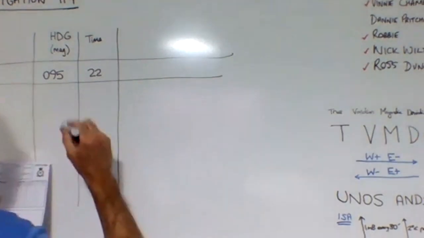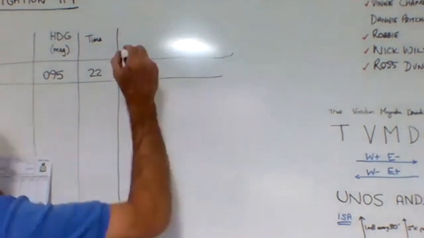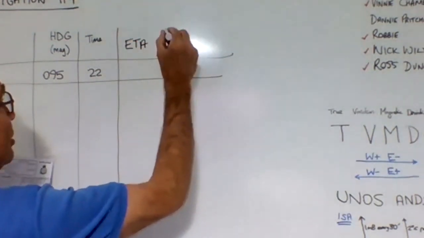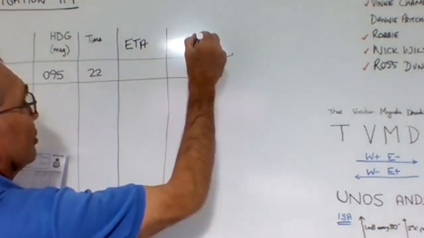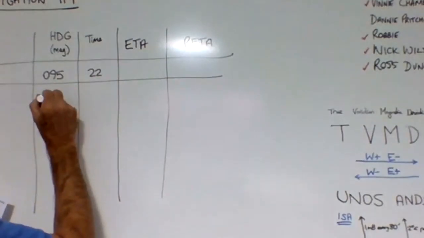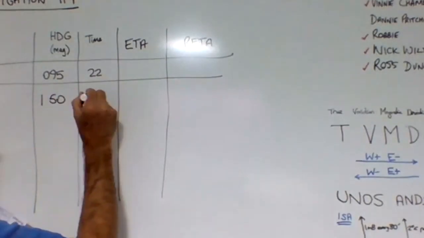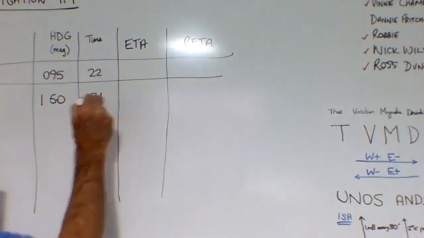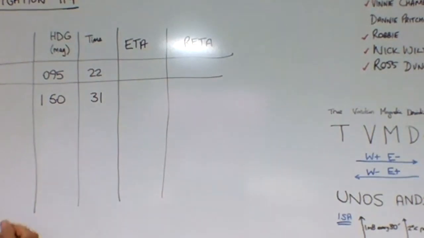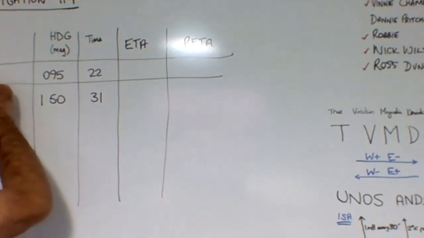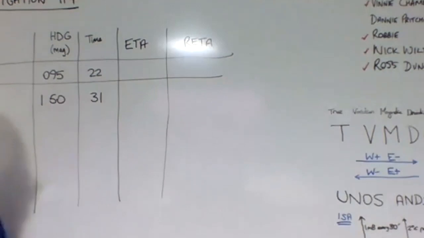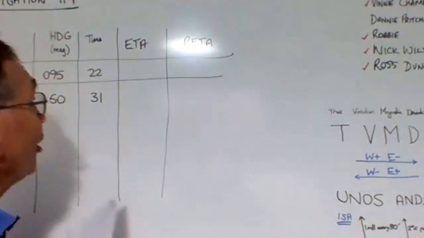And then you've got another column which would be ETA. The idea is that when you're on this leg, as you start this leg, you would just add 22 minutes onto the time now, which is 2:05.